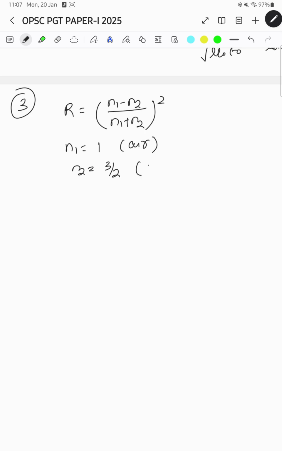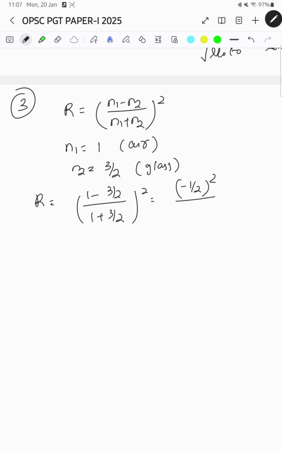Just put it here: (1 minus 3 by 2) over (1 plus 3 by 2), whole square. This becomes (minus 1 by 2) square divided by (5 by 2) square, so 1 by 4 over 25 by 4, so 1 by 25.